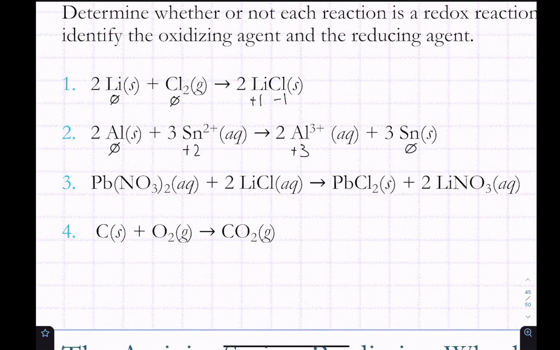Now, which of these is being reduced and which one's being oxidized? So tin's being oxidized? Yeah, aluminum's being oxidized because it's losing electrons, or you could even say it's losing oxidation state. Feels weird to say that. And then the tin is being reduced. So then what's the reducing agent? Aluminum.